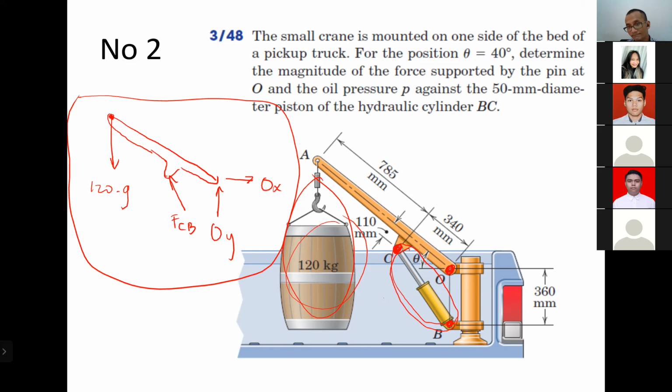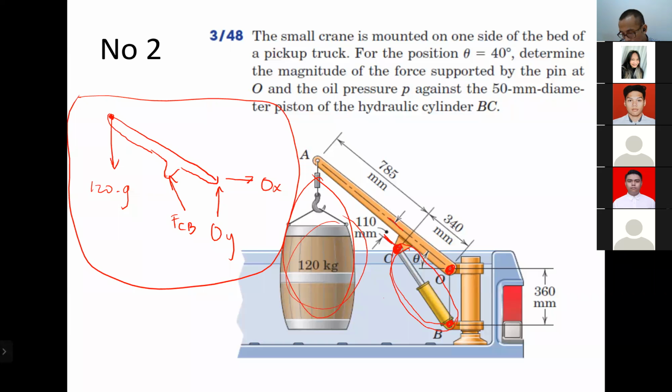Okay. I also want to ask about what the 110 millimeters applies to. The 110 millimeters is actually the distance from here to here.